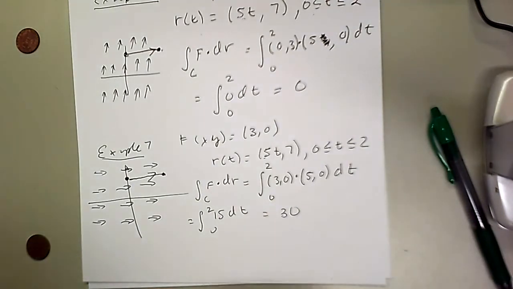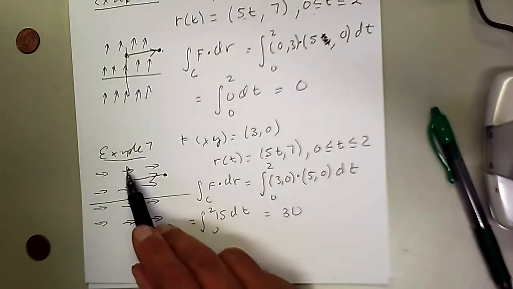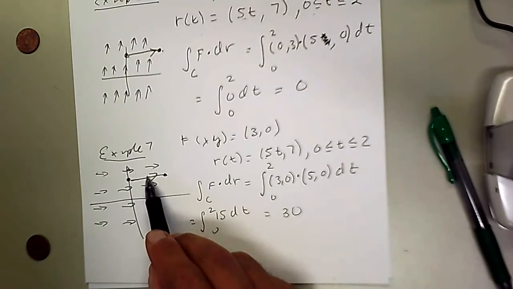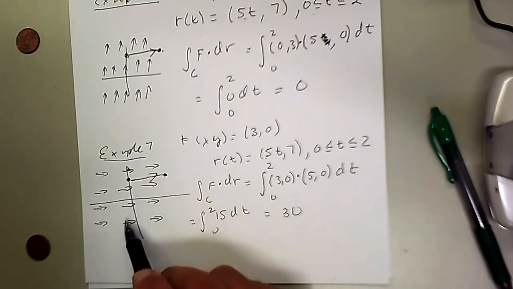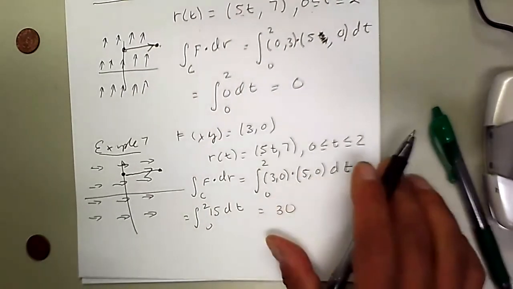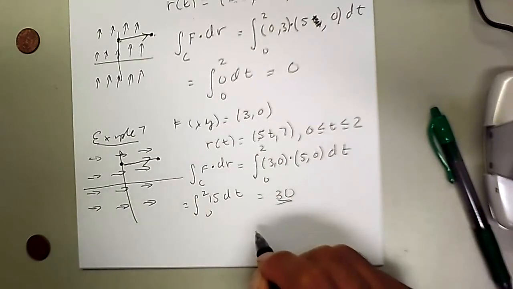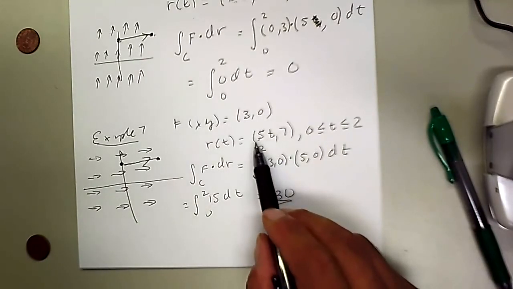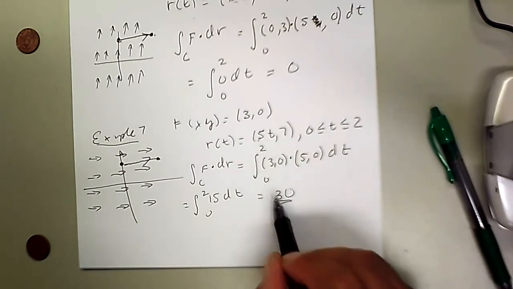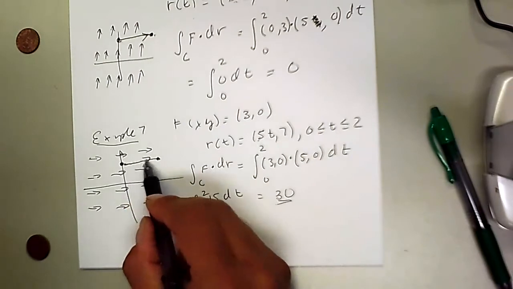I don't know what the units will be. If this is a distance, let's say meters, and the force is in newtons, then you would know what this is. All right, but something I want to ask myself is, what is the answer if we take this path not as quickly?